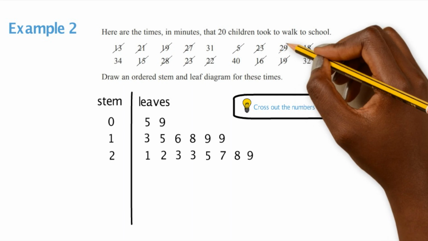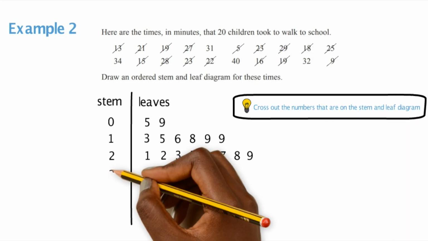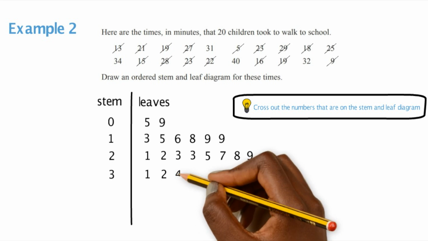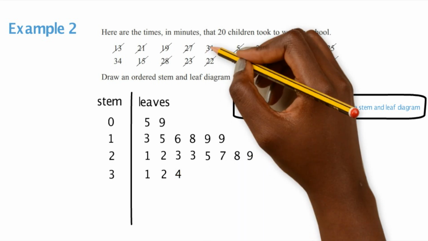And then we would have a look at our 30s. So again, the smallest 30 is 31, so that's going to be the first one written. Then 32 and 34. So yeah, just cross them out.